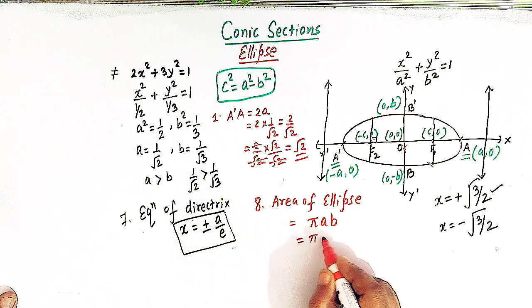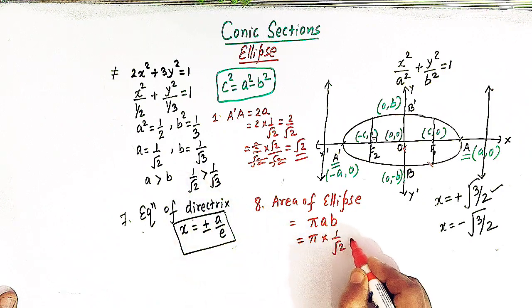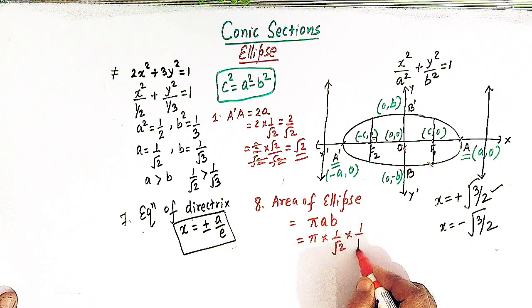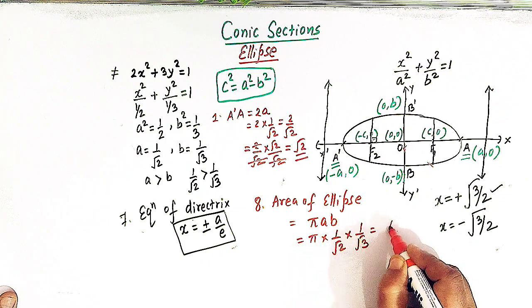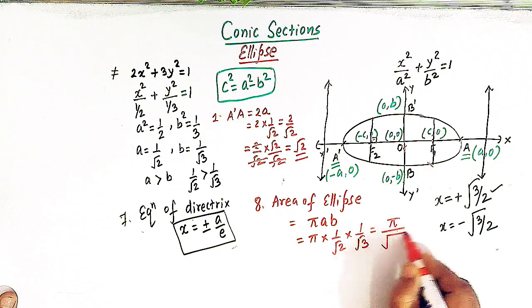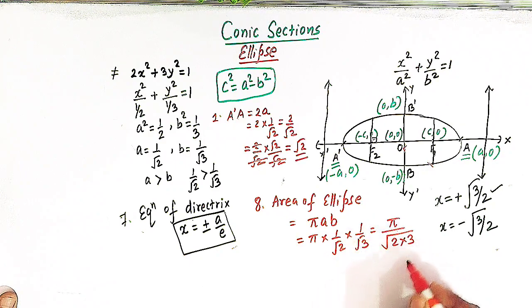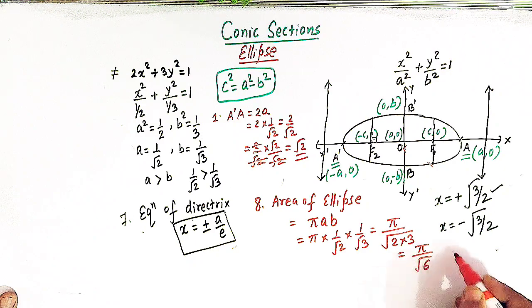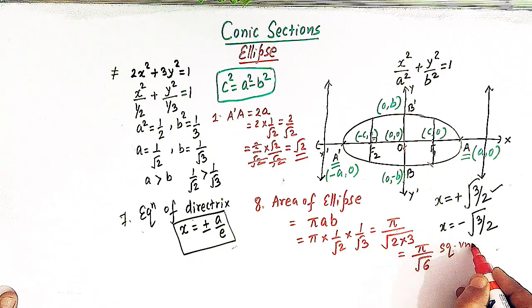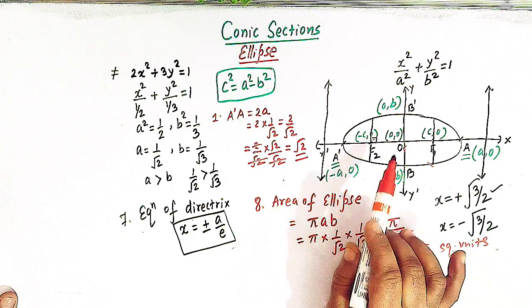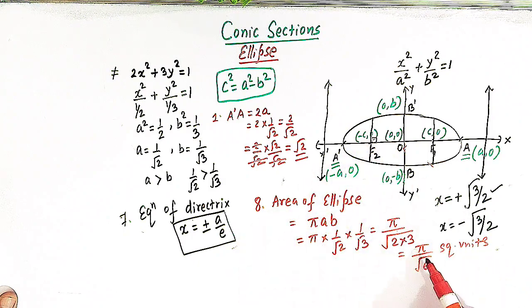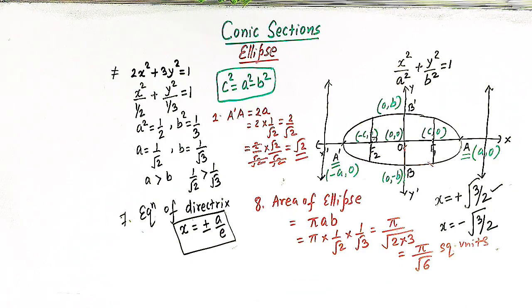So we have pi times 1 over square root of 2 times 1 over square root of 3. So this is pi over square root of 2 times 3, that is equal to pi over square root of 6 square units. So the area of this ellipse is given by pi divided by square root of 6 square units.